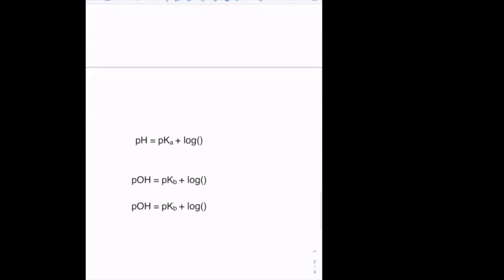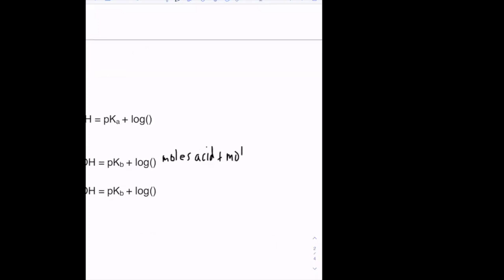For example, for the pOH, if you're adding a strong acid, it's going to be log here of moles of acid plus moles of strong acid added over moles of base minus the moles of strong acid added.